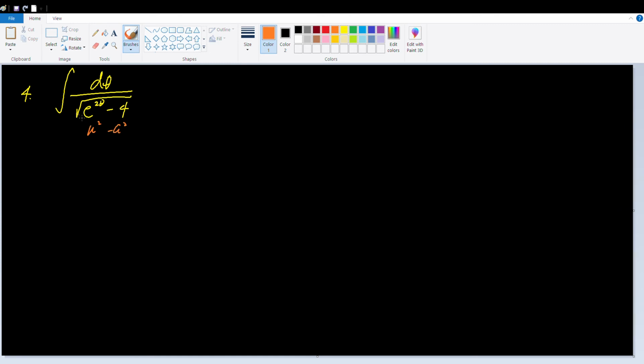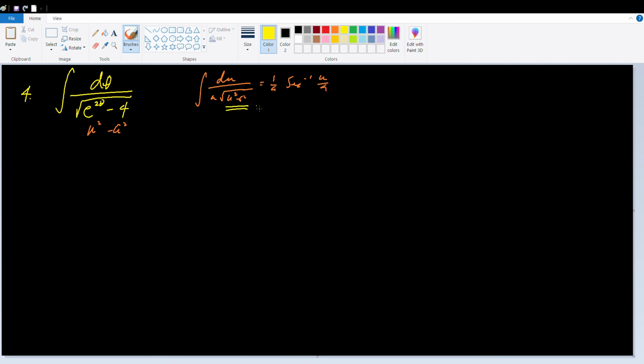But radicands of the form u squared minus a squared will yield the arcsecant function provided there is a u outside the radicand. So for us to be able to apply the third formula, du all over u square root of u squared minus a squared is 1 over a arcsecant u over a.